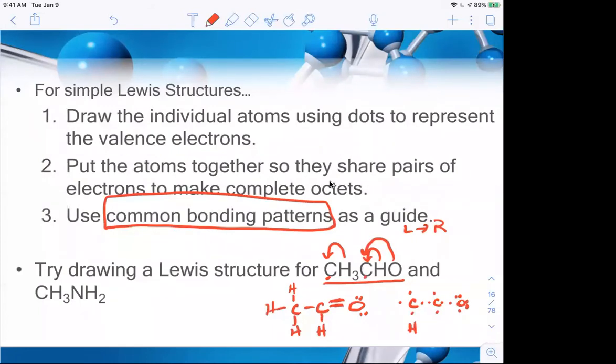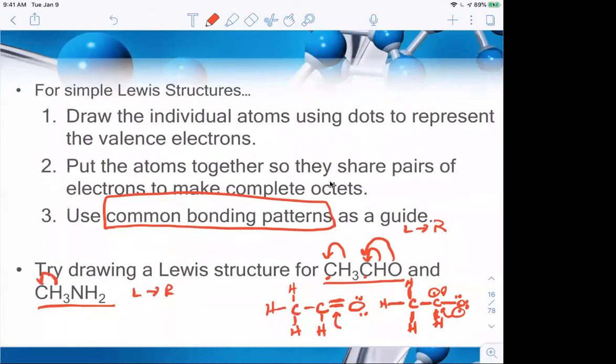And then I would have hydrogen, hydrogen, hydrogen, hydrogen. If I connect the dots, what I'm going to notice is I have these 2. I put those here in order to form this double bond. Notice on this guy, I'm also going to read in the left to right direction.